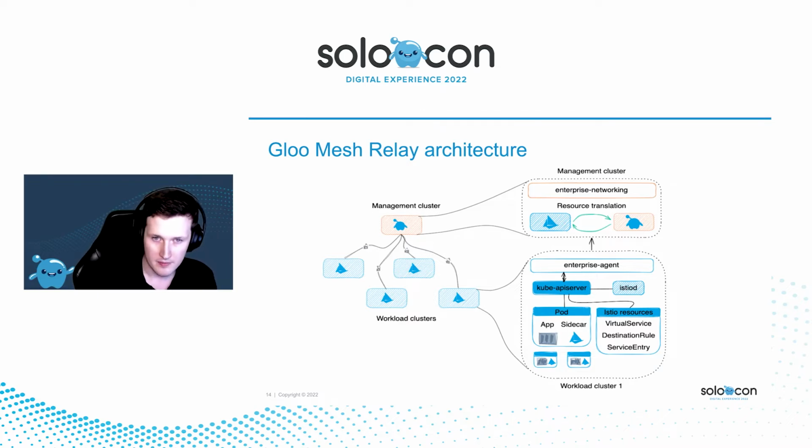Then essentially the management cluster is going to take all of this data that it's receiving from all of the clusters in your global service mesh, and it's going to run a translation loop to figure out, based on all of this data and based on all of the inputs that the users have created using Gloo Mesh API, which outputs we need to generate for every single output workload cluster.